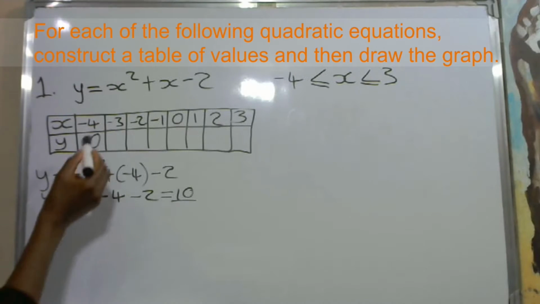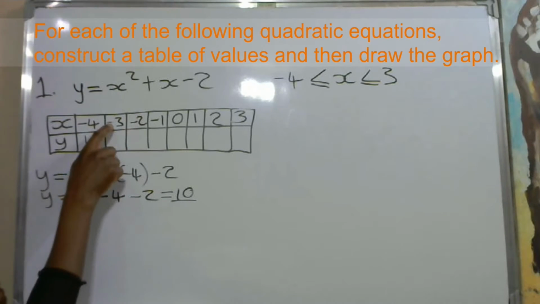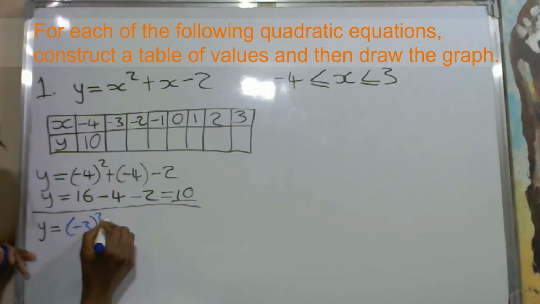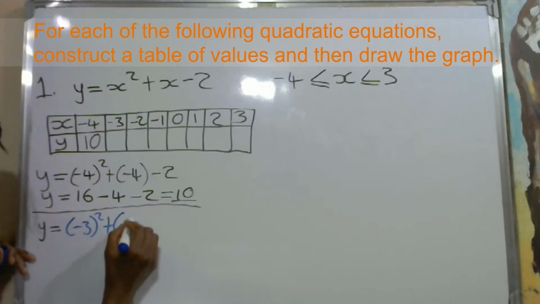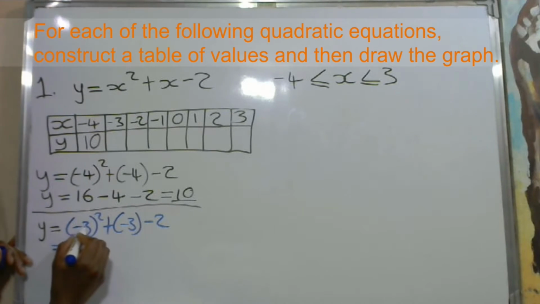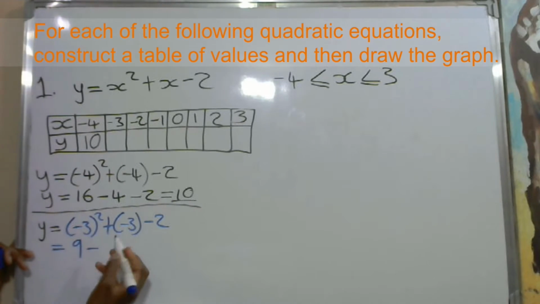We come to the second one when our x is -3. So -3 squared plus -3 minus 2. So there we get our -3 squared, we get +9. So 9 plus a -3, we get a negative there. So it will be -3 minus 2.